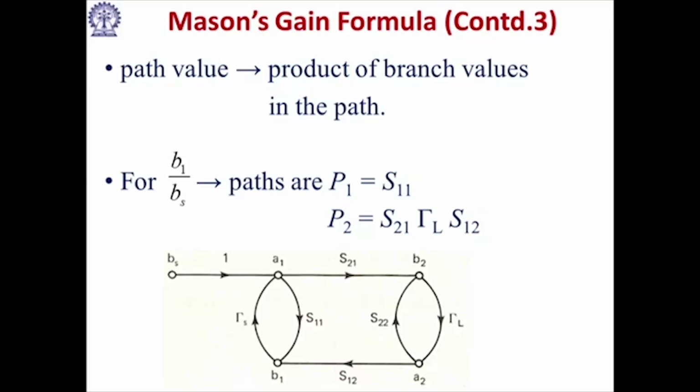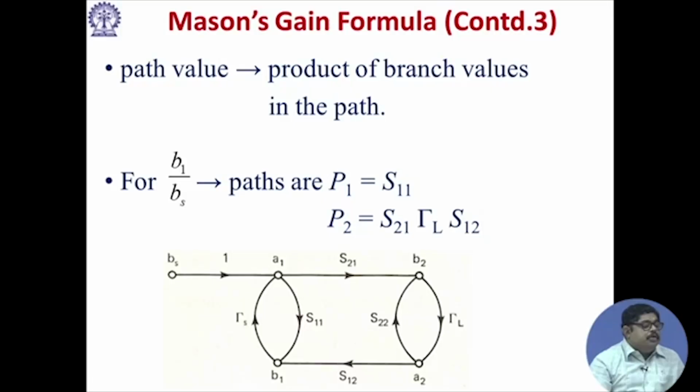That means it should be a completely different path. That means through a loop you cannot come, because if you traverse through a loop, basically you are traversing the node twice. So, paths cannot contain any loops. Path value is the product of branch values in the path.